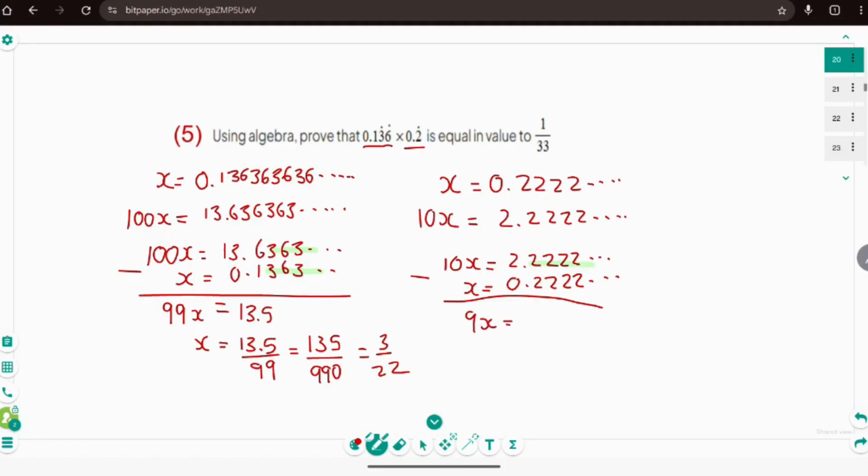They would all disappear through here. Make x the subject by dividing both sides by 9. So we have 3 over 22 multiplied by 2 over 9. Multiply the numerators. Multiply the denominators. Simplify. Using the fraction button on your calculator, yes, it equals 1 over 33, correct.